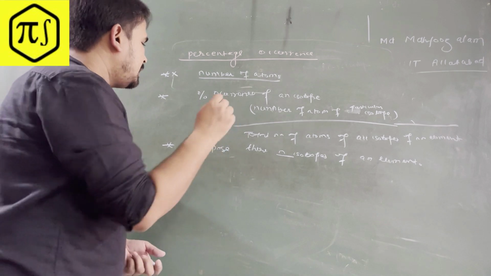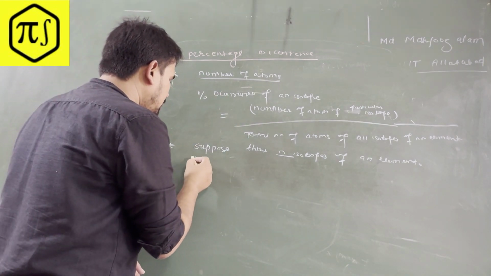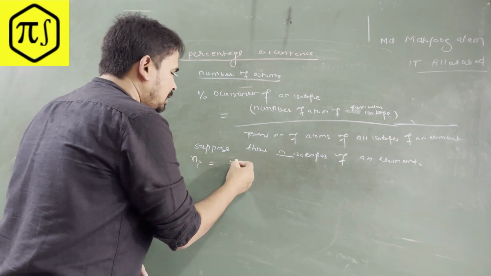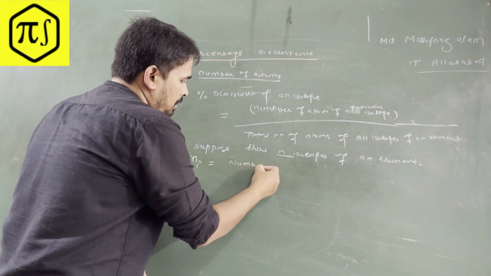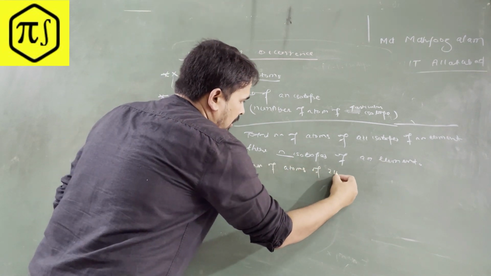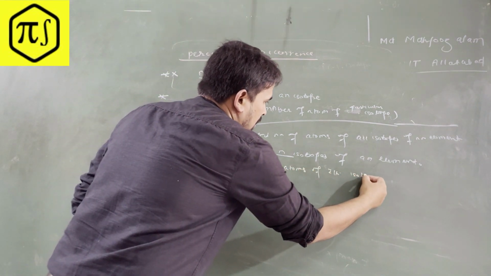So let's say we are talking about Ni. So Ni means the number of atoms of the ith isotope.